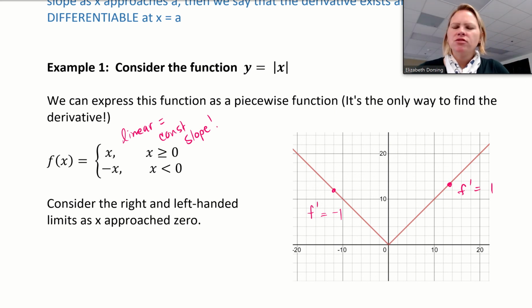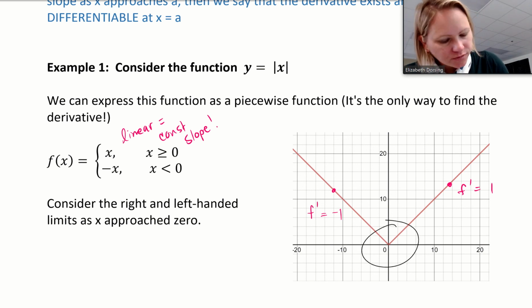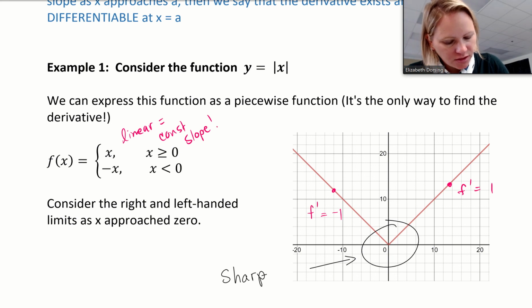There's no value in between, and it's not defined. You can't find the slope at a corner because it's like, well, what is it, 1 or is it negative 1? I don't know. So we have a problem spot right here when we have a corner, a sharp corner.